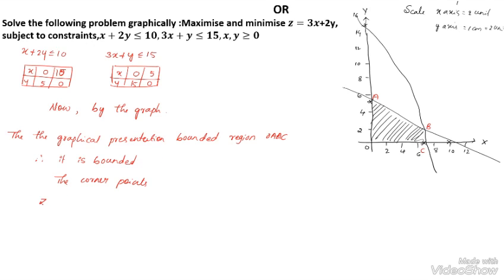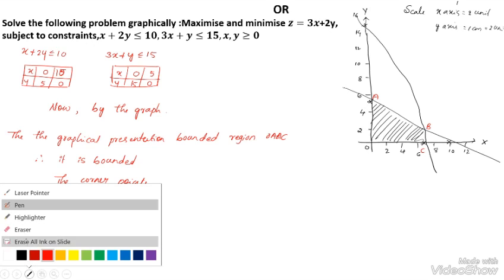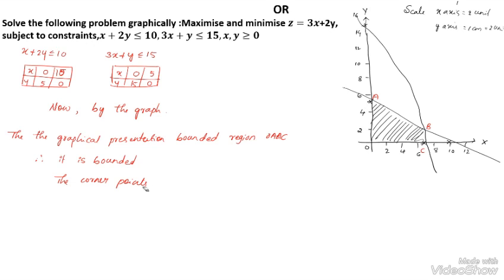Z is equal to 3x plus 2y. First I am taking the corner points and the Z value. What are the corner points? At origin, 0, 0, and 0, 5. Here at x equals 0, y becomes 5.